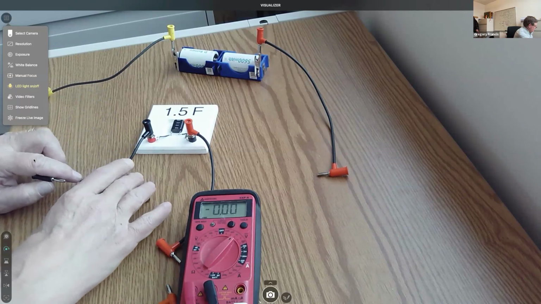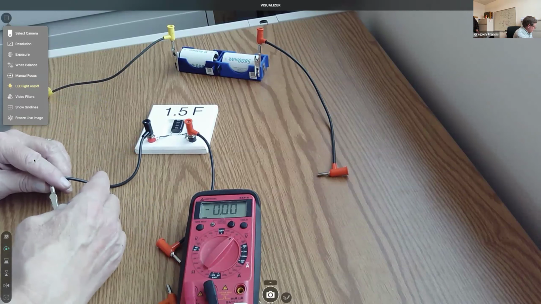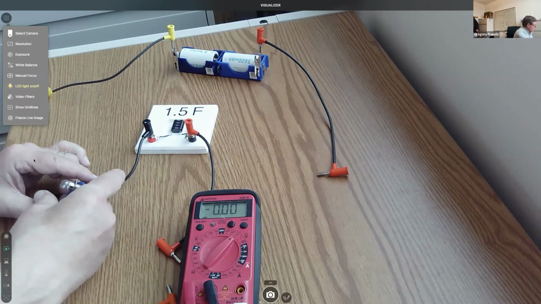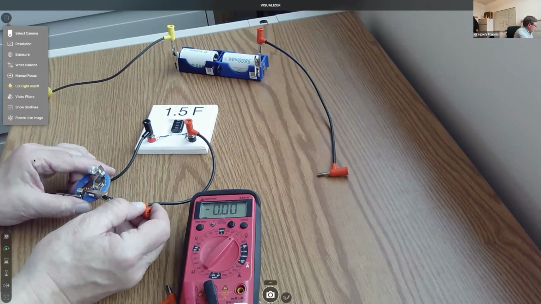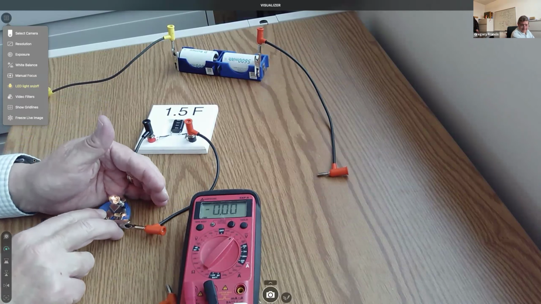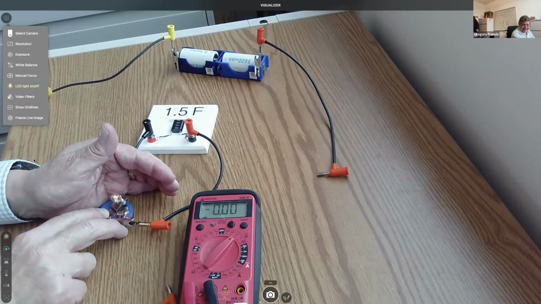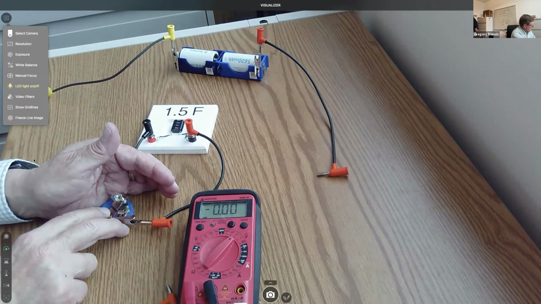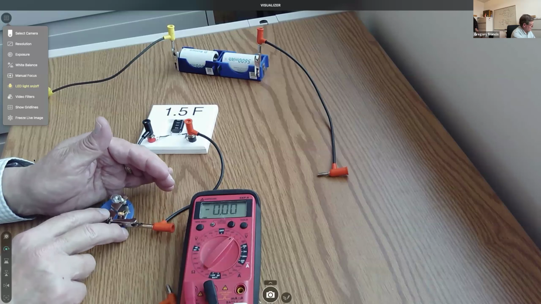And so it's better if we discharge the capacitor through some resistance like this bulb. And what we see is that the bulb gets bright and then, as time goes on, the bulb gets dimmer and dimmer and dimmer and then goes out.